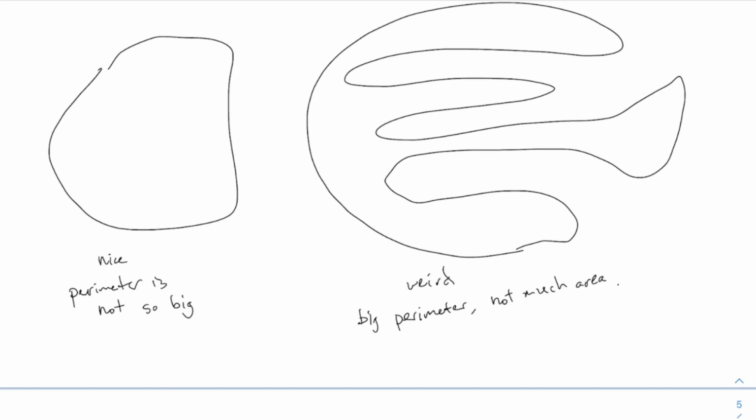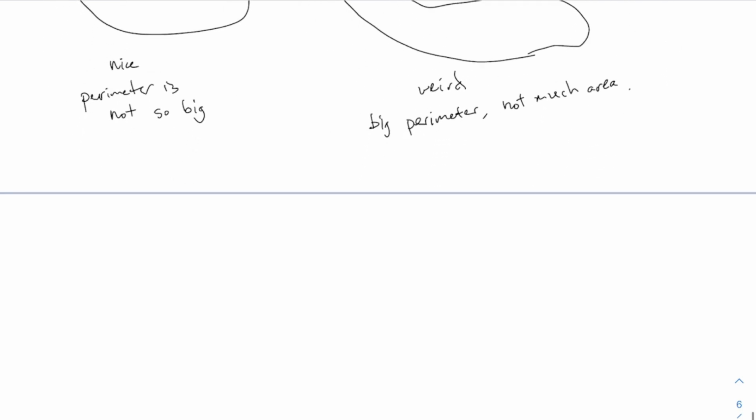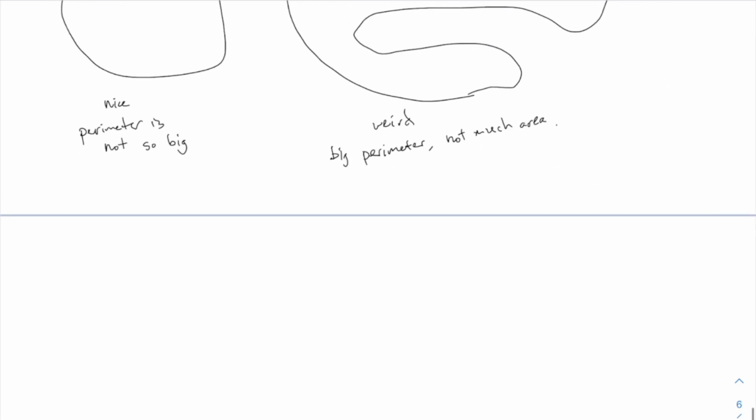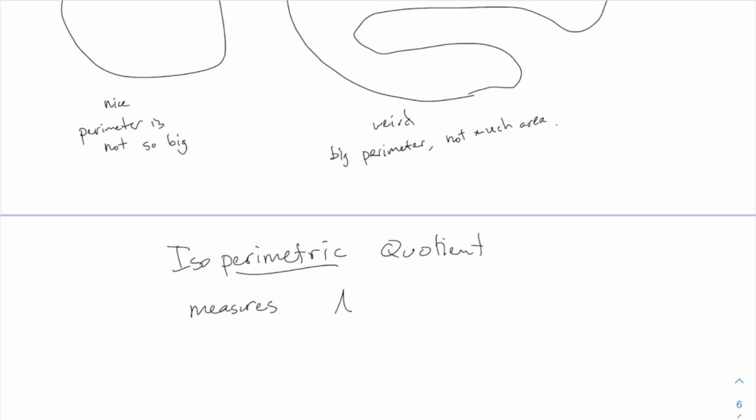You can see the word perimeter inside of isoperimetric. The isoperimetric quotient measures the area versus the perimeter. If there's a lot of perimeter, then it's a weird shape.